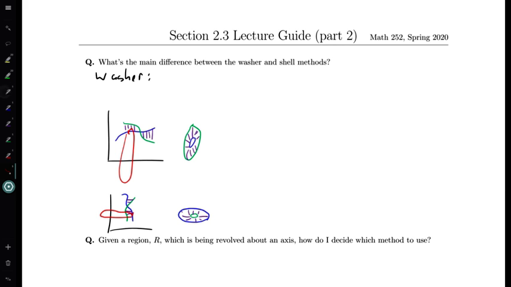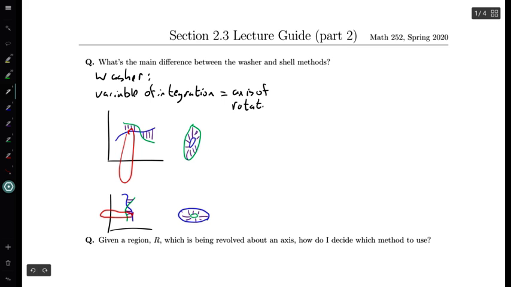So the primary feature of the washer method is that the variable of integration is equal to the axis of rotation. When I'm integrating with respect to x and revolving about the x-axis, that's a washer method problem. When I'm integrating with respect to y and revolving about the y-axis, that's a washer method problem.